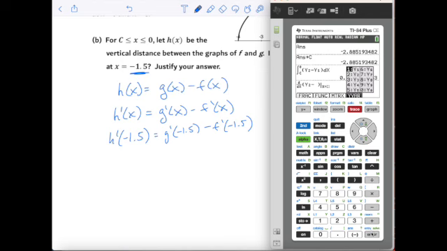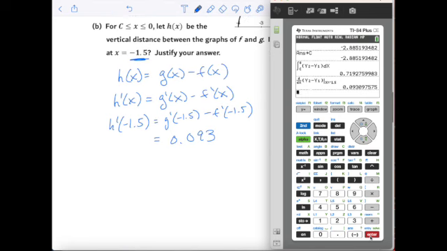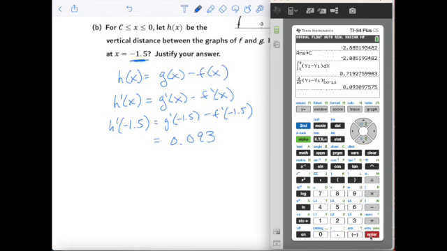If you didn't want to do these individually, you could find them each individually and then subtract. But I am just doing the derivative of that function at this x value of negative 1.5. And that's giving you 0.093.